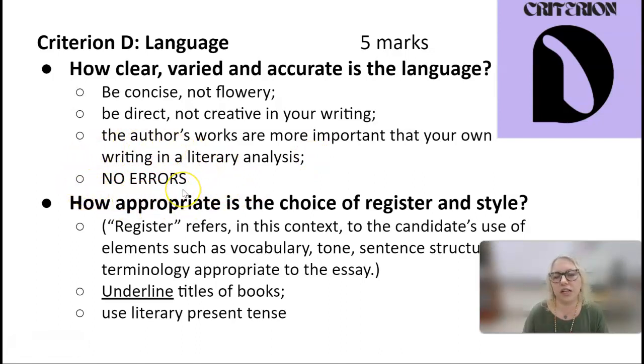Okay, so all the little nitpicky things: I'm looking at punctuation, capitalization, spelling, fragments and run-ons, all of these good things. And then the other thing to look at, how appropriate is the choice of register and style? So you want to be formal and academic.